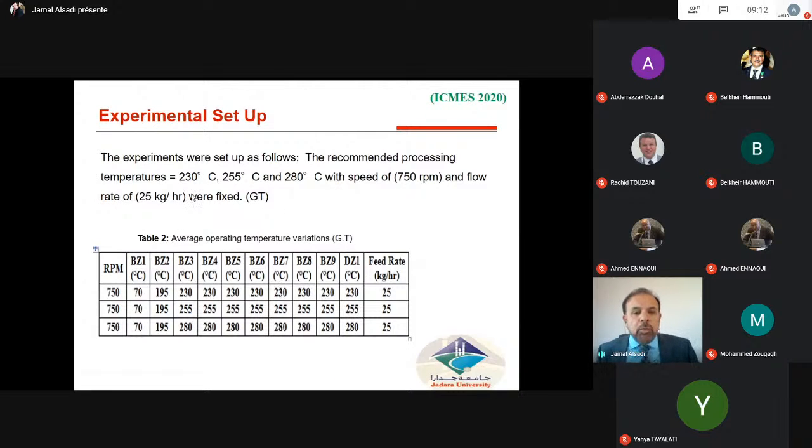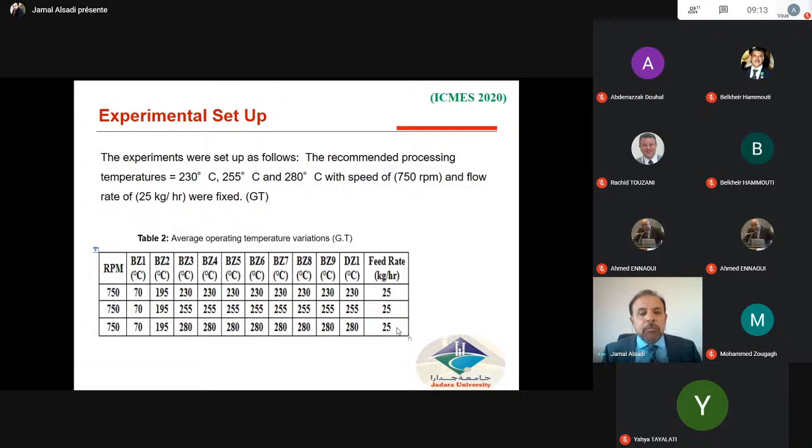So basically, when we are running the extruder, we should do some settings. I did a small theory, call it GT, general trends. What is general trends? I set 3 parameters: the speed, RPM, and the feed rate. From many experiments, I reached that speed 750 is good, and 25.